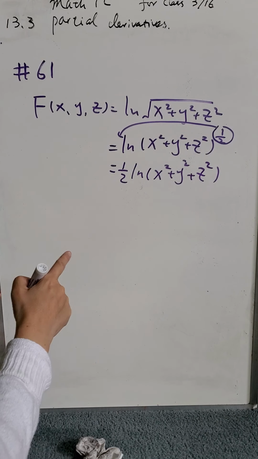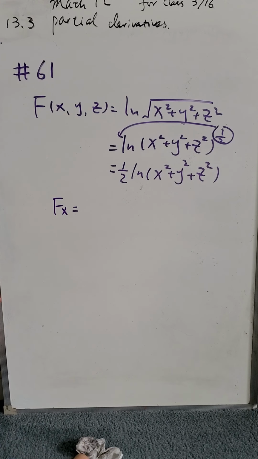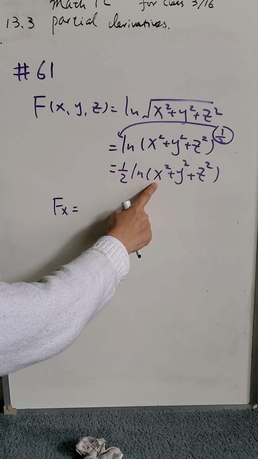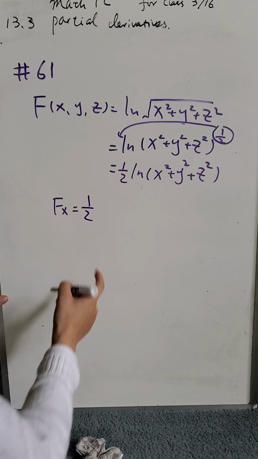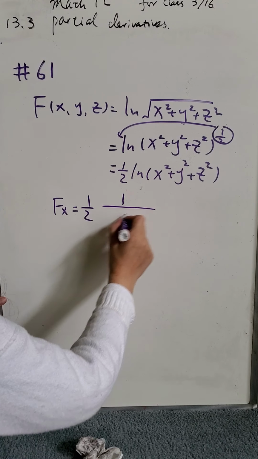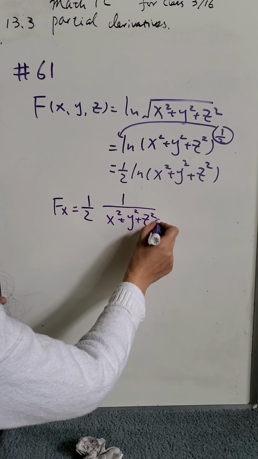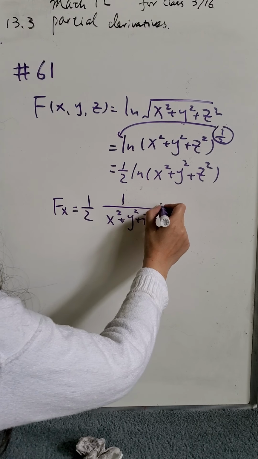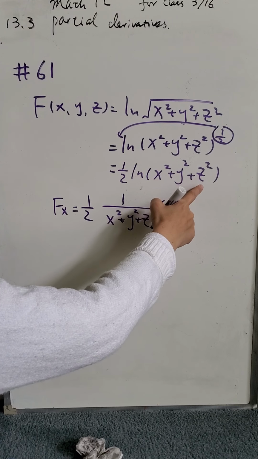Once we simplify it, we're going to start with fx. This time your x is a variable, the rest is a constant. So 1/2 is the coefficient, and then taking the derivative of ln, that's 1 over x squared plus y squared plus z squared. Then take the derivative of the inside, that's 2x, since the y squared and z squared terms give 0.